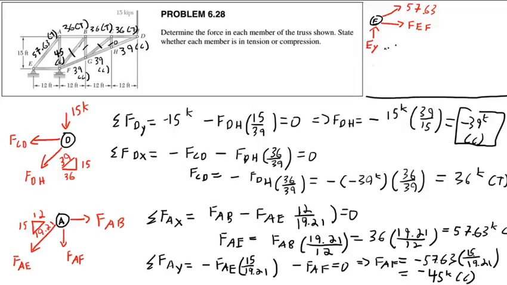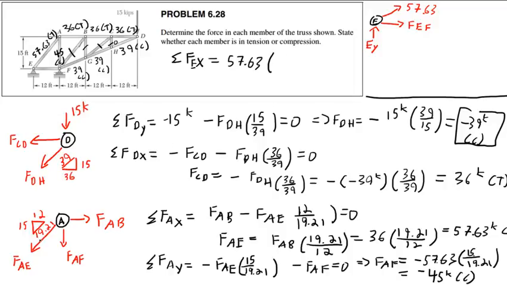So I'm just going to work on this here. I'm going to work on an equation of equilibrium based on this. Sum of forces in the x direction on joint E, I'm going to have 57.63 times, again, this 36 over 39.